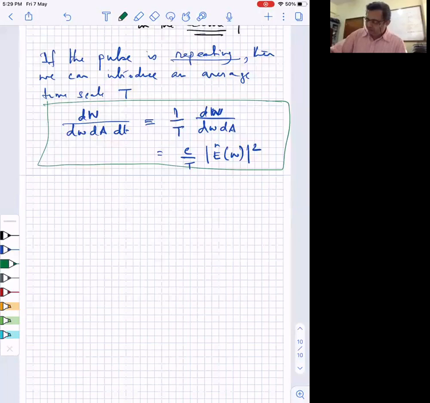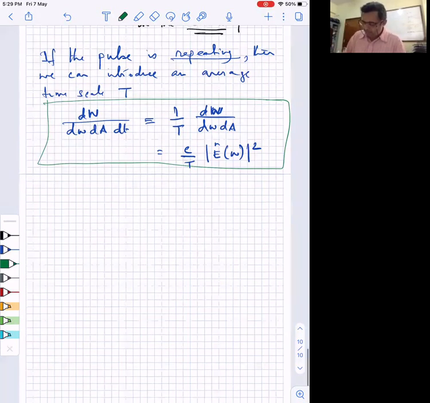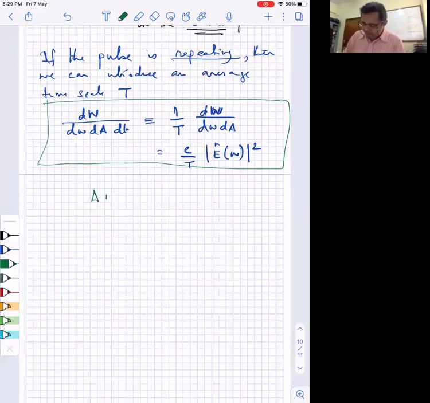And remember, this pulse will have a delta omega, which will depend on this, because delta omega delta t was 1. So now I have basically fixed my delta t being some average time scale. So delta omega will be like this.